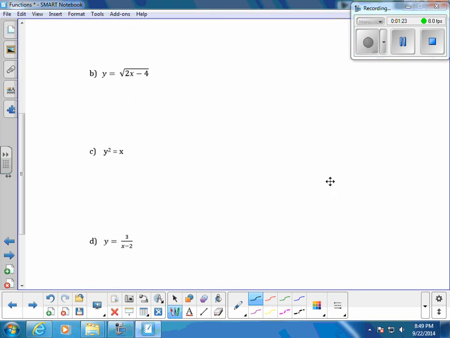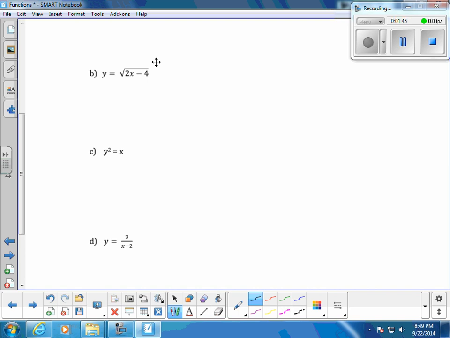Okay, we move up and we look at B. For any choice of x in the domain of this function, there's exactly one corresponding value for y. So anytime you substitute a value in for x in a calculator, you're going to get one value for y. Okay?